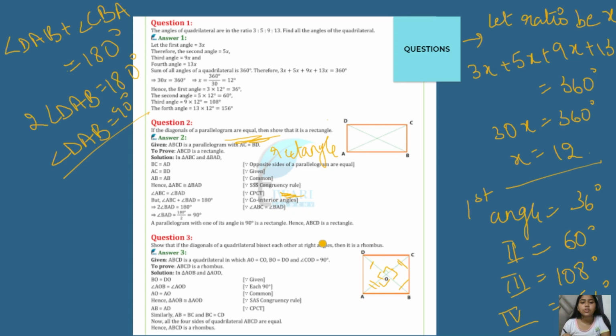This is the same question I told you in the earlier slide: we just have to prove these two adjacent triangles congruent, and by CPCT you will be able to prove that all the sides are equal to each other. By CPCT we just have to prove that AB equals BC equals CD equals AD. Then we can say that it is a rhombus. Okay, let's move to the next question.